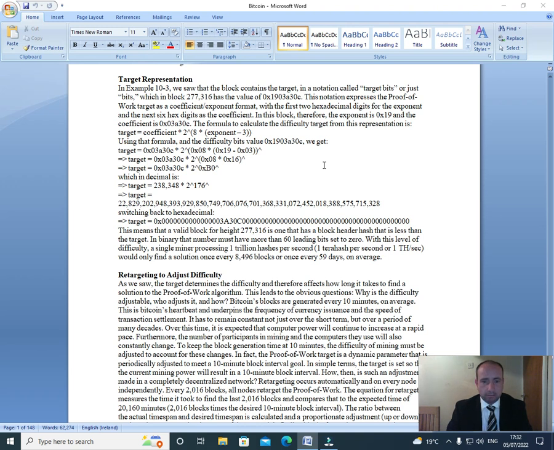0x03A30C. The formula to calculate the difficulty target from this representation is target = coefficient * 2^(8 * (exponent - 3)).